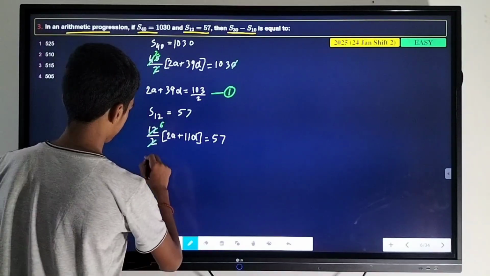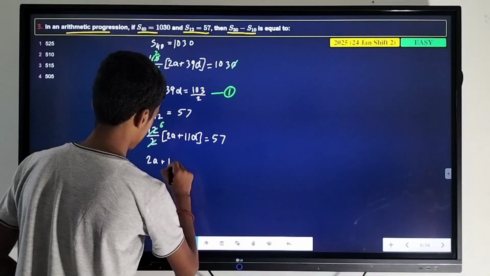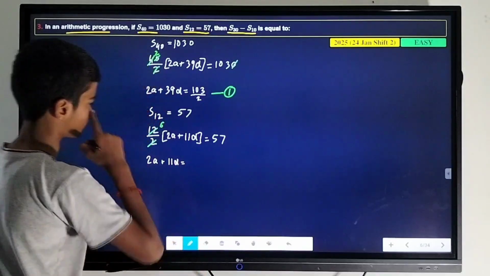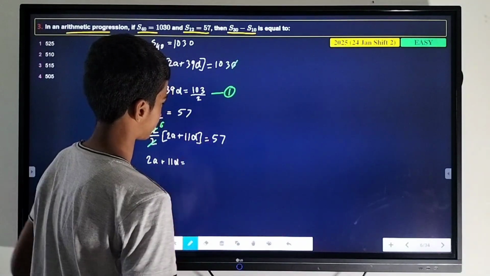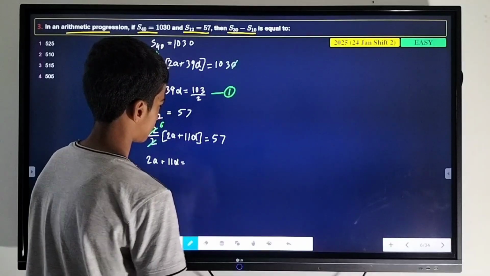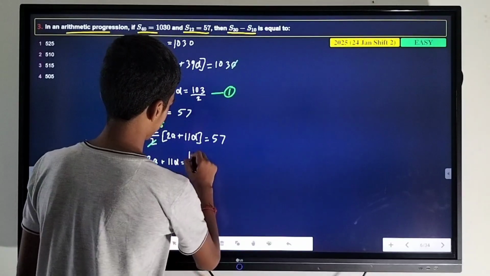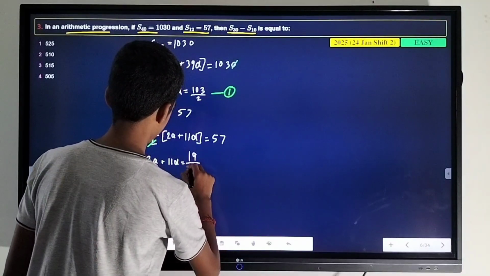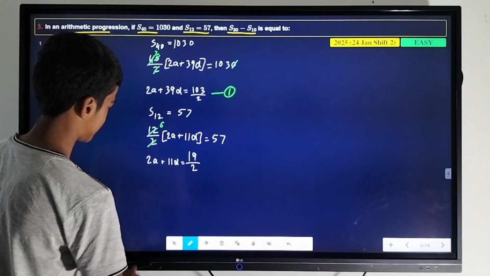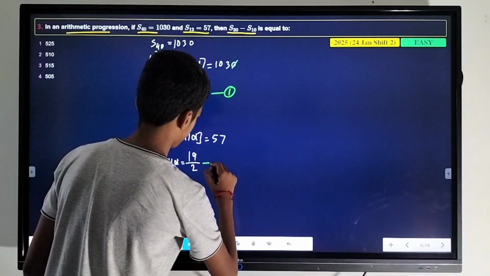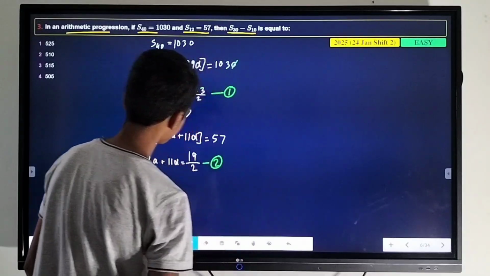From here we will get 2a plus 11d is equal to, now 6 is 3 times 2, 3 will cancel 57, 19 times, divided by 2. So let's say this is our equation number 2.